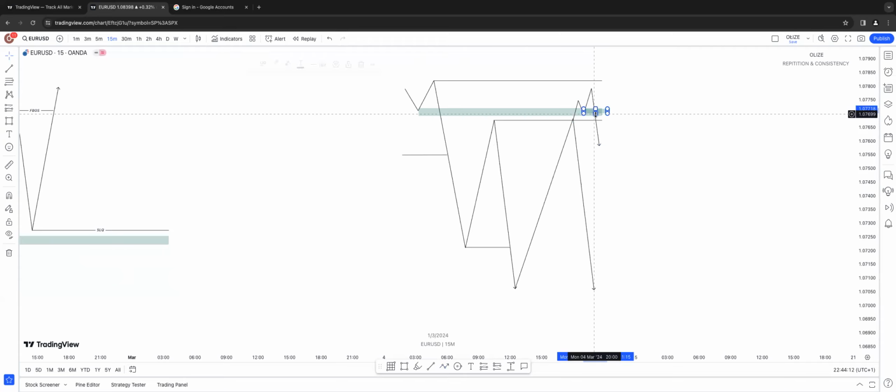That's the one without an inducement you can mark out, the one that is reacting to an already established POI.